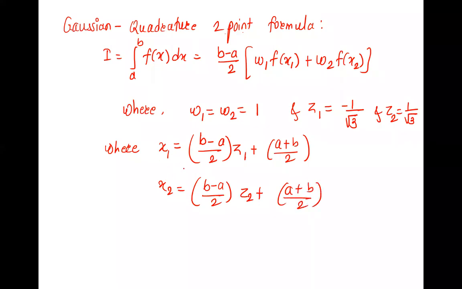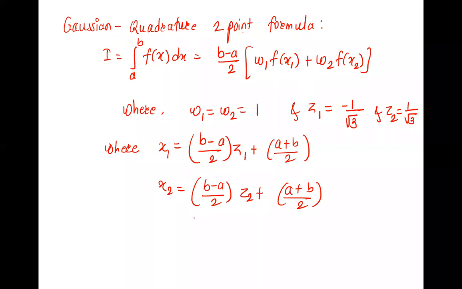Find this x1, x2. You have function f of x. In that you will put x1, we'll find the value of the function at x1, value of the function at x2. We have w1, w2, we'll put it here. We have a, b also, and solving this we'll get the required answer.